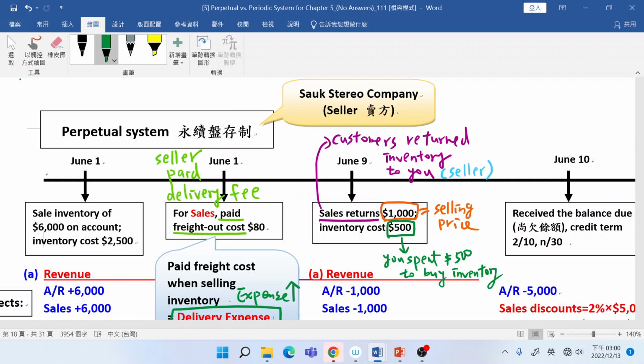Quite easy, right? You just compare June 1st. June 1st, you sell it to customers. June 9th, you got the inventory back. So means what? Upper right? Upside down situation. So from June 9th, how to record it?